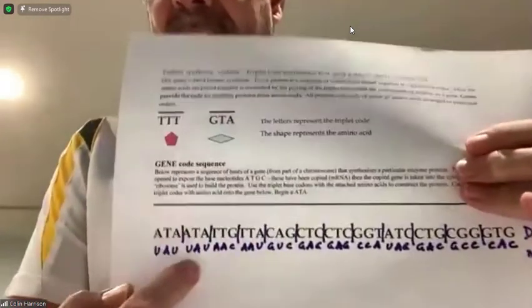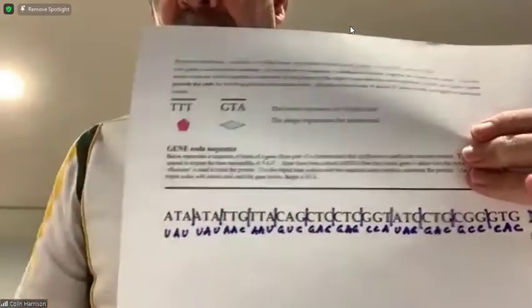So the first messenger RNA I have is UAU. I'm having a look through here and I can't see UAU. That's because I haven't translated it yet. So how do I translate that message, UAU? What will it actually be? U's go with?